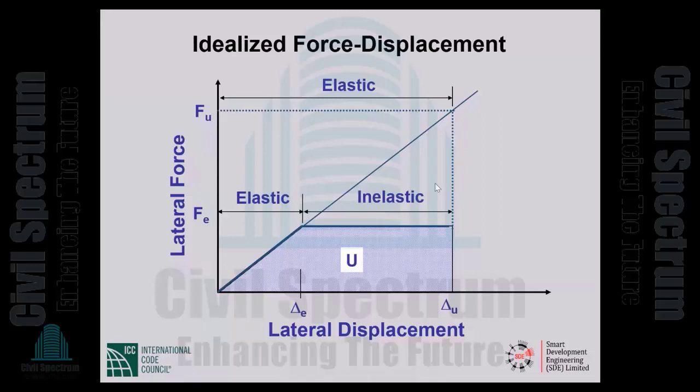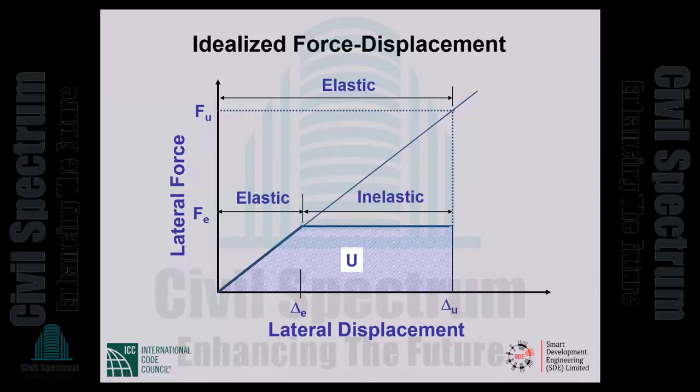Now, this elastically responding structure develops a force F sub u in the process of responding to the earthquake and suffers a total displacement of delta sub u, capital delta sub u.